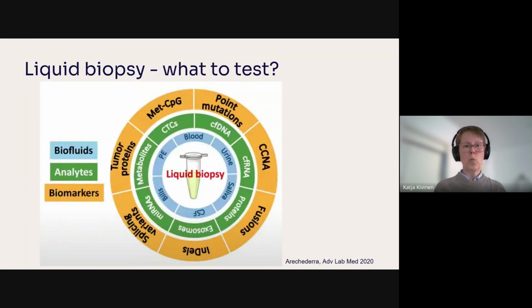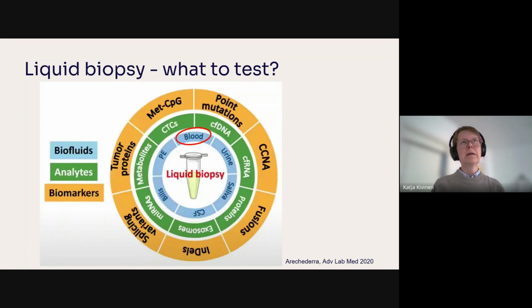So what to test? There are a lot of different things and different levels as well. So when you think of a liquid biopsy, first you need to think about what sort of liquid we're talking about. Most tests at the moment use blood just because the methods are most developed for blood samples.